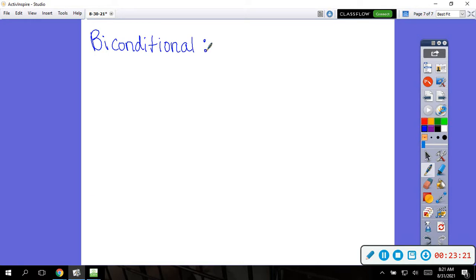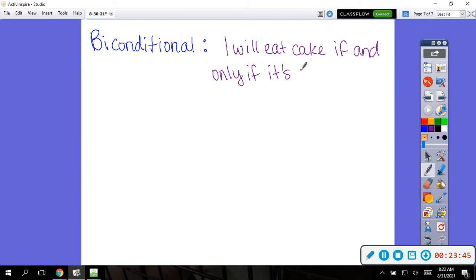So if I take my same sentence, the original was, if it's my birthday, then I'll eat cake, my biconditional will be, I will eat cake if and only if it's my birthday.